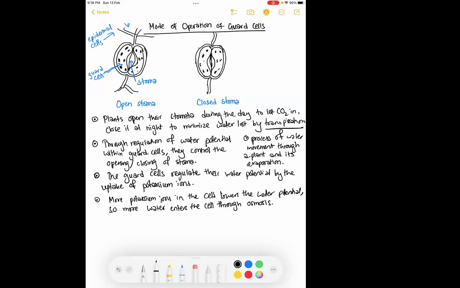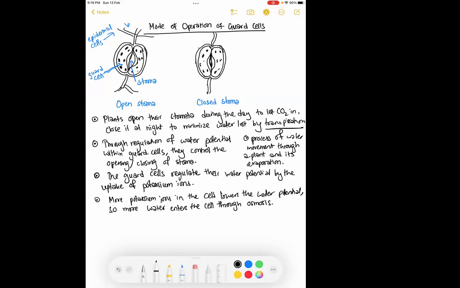So this layer, this is actually the cell wall of the guard cell, okay? The cell wall is quite thick on this inner side.